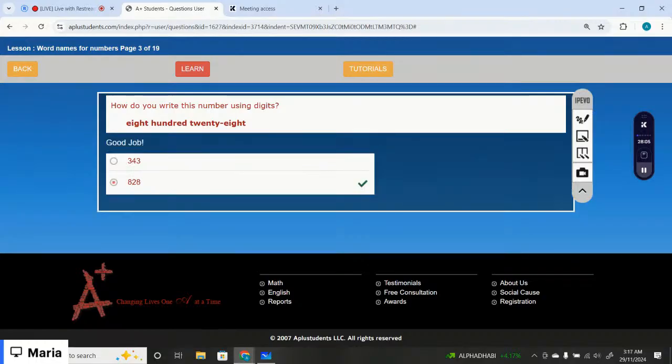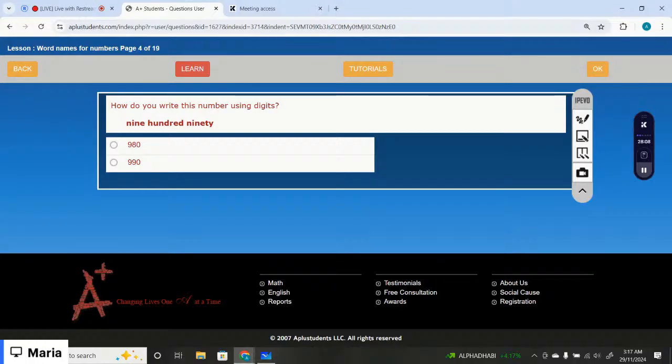That is 828. How do you write this number using digits? 990. So which is the correct option?